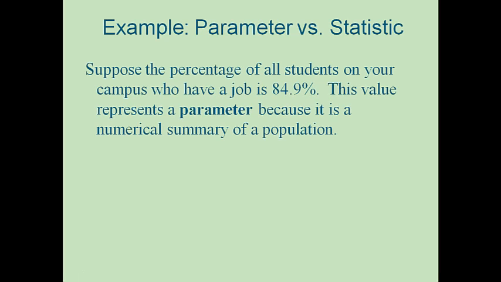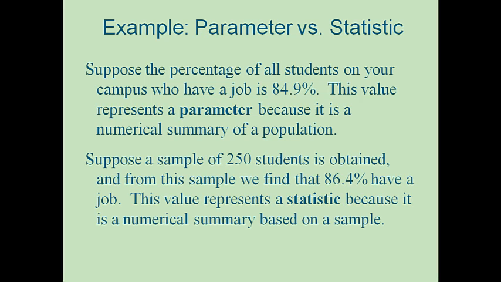So let's look at the difference now between a parameter versus a statistic. Suppose the percentage of all students on your campus who have a job is 84.9%. This value then represents a parameter because it's a numerical summary coming from the entire population. Suppose we look at a smaller sample of only 250 students.